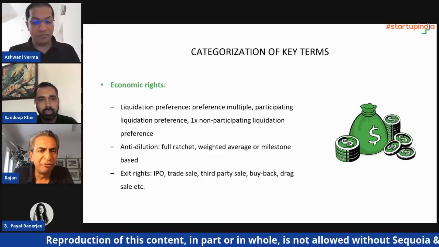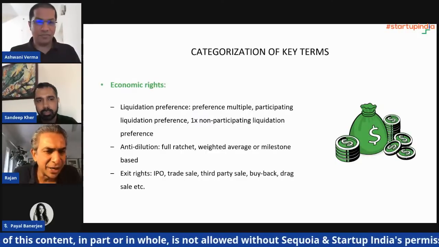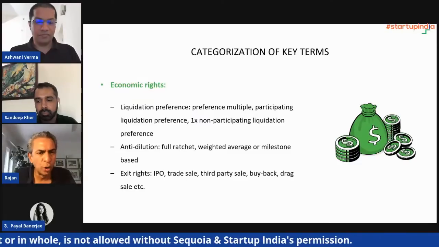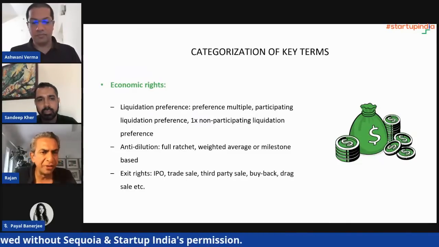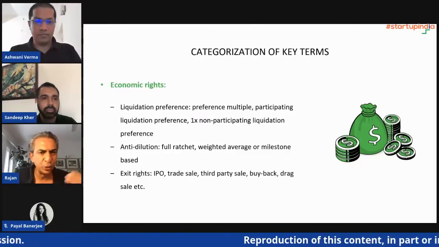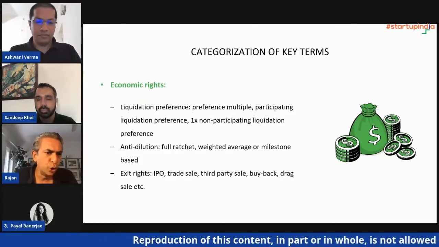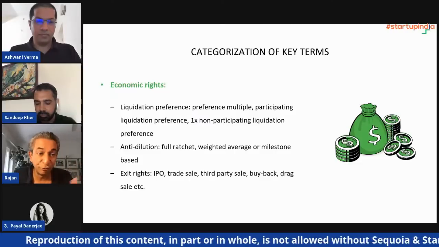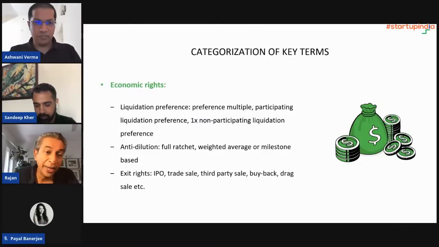Look, I think at every round of financing, except let's say a friends and family round, right? In the first part of this webinar series, I talked about how, depending on how much you're looking to raise, if you're trying to raise 10, 20, 30, 40 lakhs, you should probably raise through friends and family if you're able to do that. Although there are angel investors who would invest that, and some seed funds or micro funds that might do that.